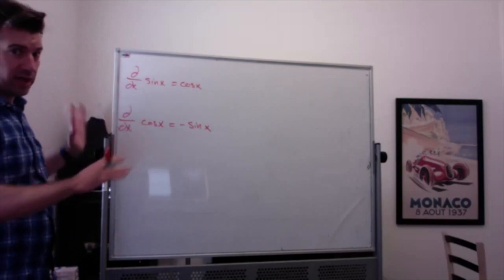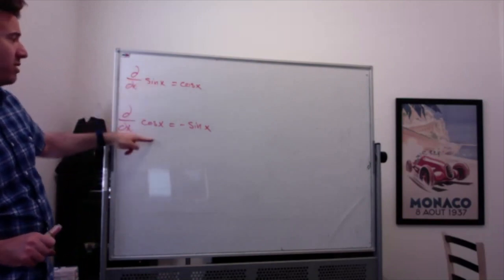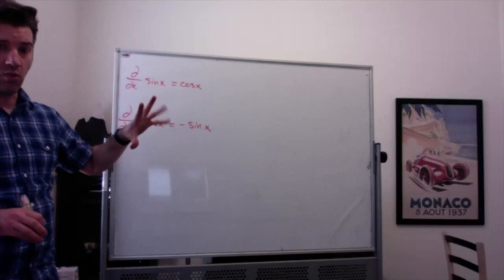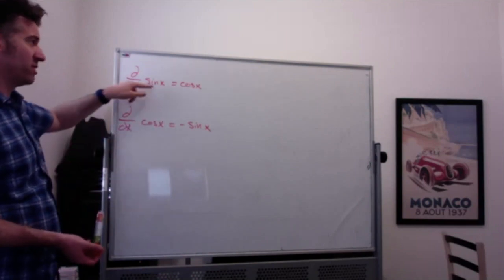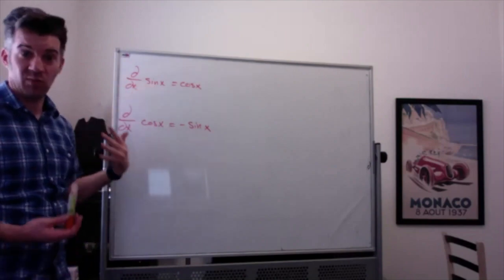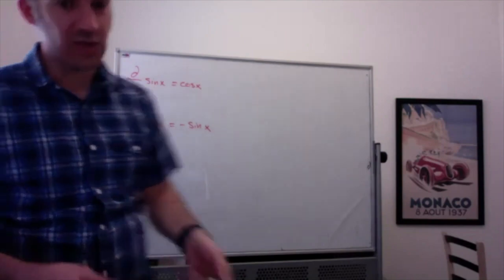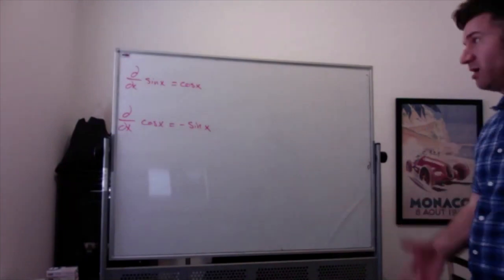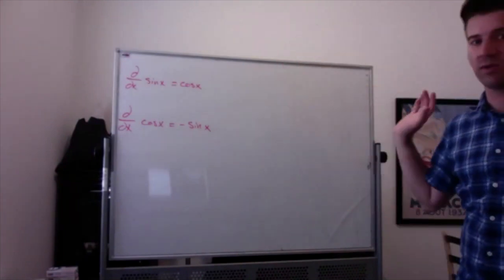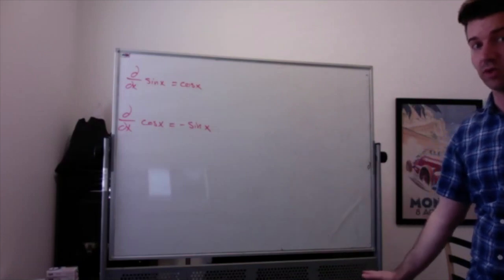If anyone would like me to explain either one again, graph them, or do the limit definition, I know we did the limit definition of the derivative for sine. I could do it for cosine if anyone wants to see that. You can say words, message me in the chat, or message me privately in the chat if you want me to say anything more about that before we talk about the rest of the trigonometric function derivatives.